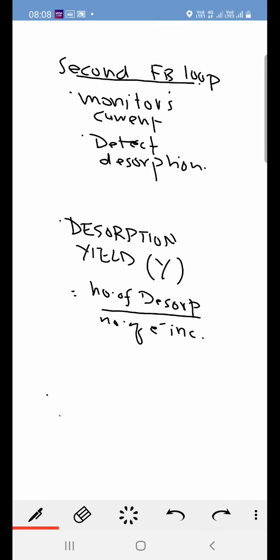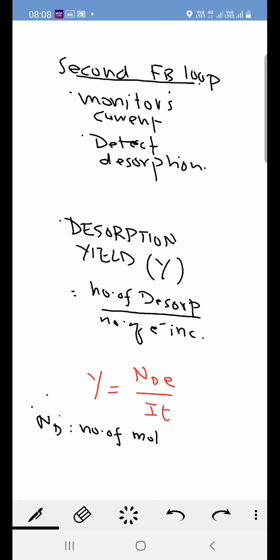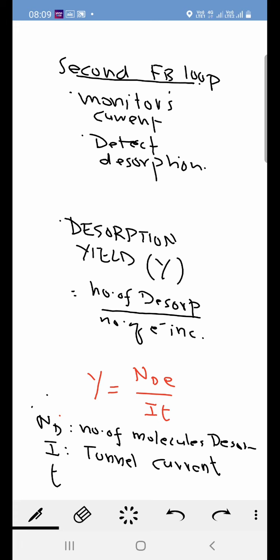Now Y is equal to N divided by (I T / e), where N is the number of molecules desorbed, I is the tunnel current, and T is the time spent by the tip over the sample.